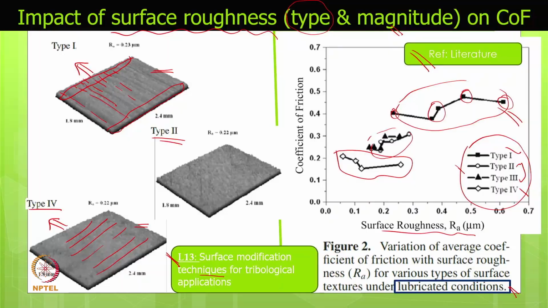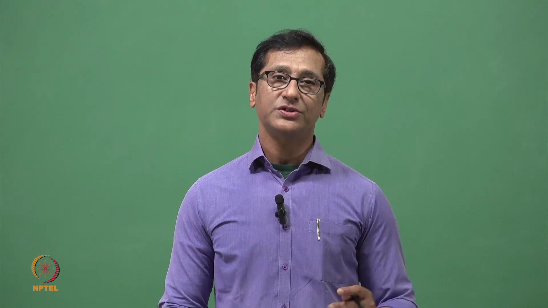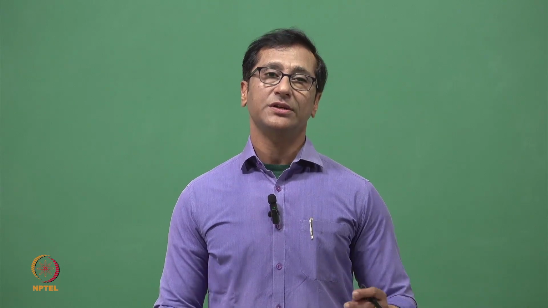Quite possibly the coefficient of friction doesn't remain equal to, say, 0.3. There is a possibility of 0.3 plus minus 0.1, which means the coefficient of friction will vary from 0.2 to 0.4. So it is very important, and it becomes statistical. As we know, surface roughness itself is statistical. We have seen a continuous change in peaks and valleys.